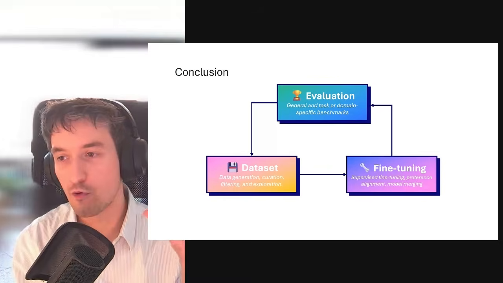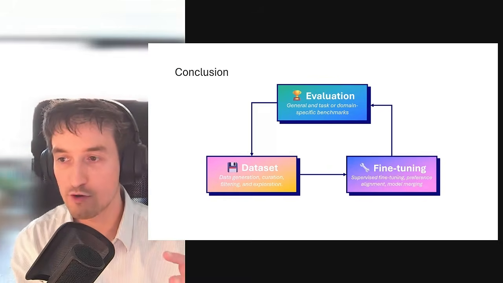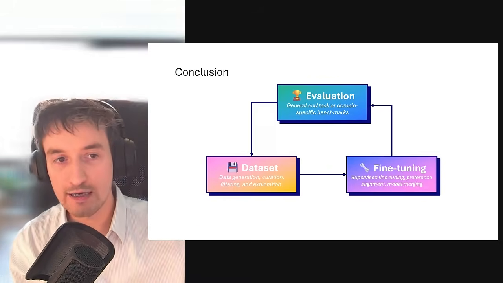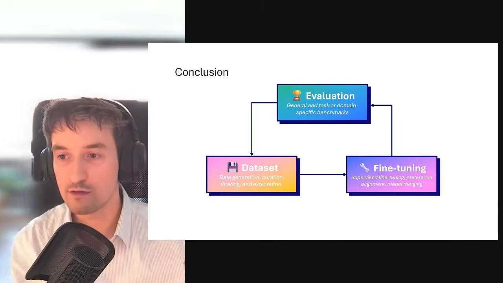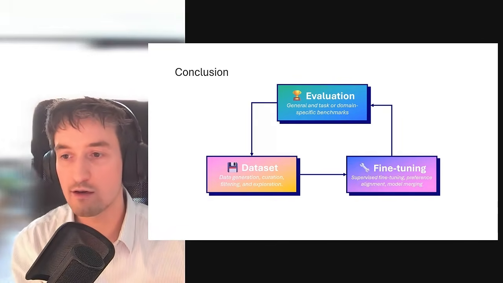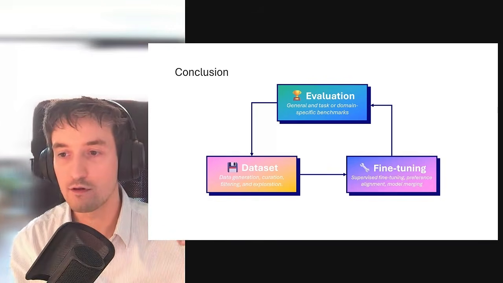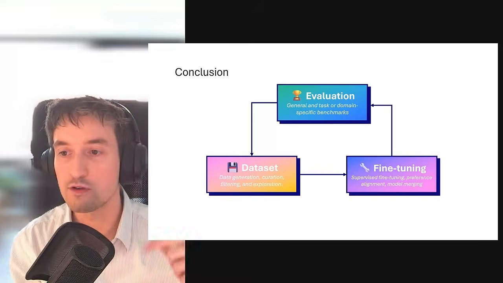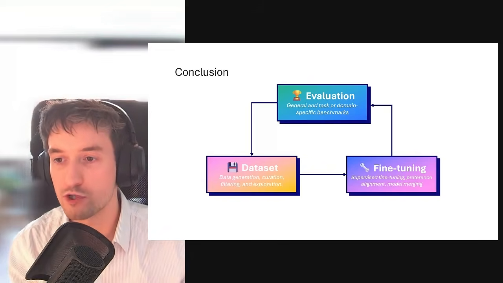So I think the goal here is really to see it as a loop and not just as a one-off process. You want to get the feedback signal from the evaluation and use it to make better data, more data, fine-tune more models, and evaluate again. This is the loop that allows you to iteratively get better and better at a problem and finally ship the model that you want to ship.